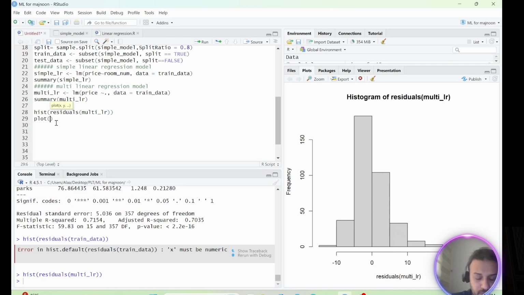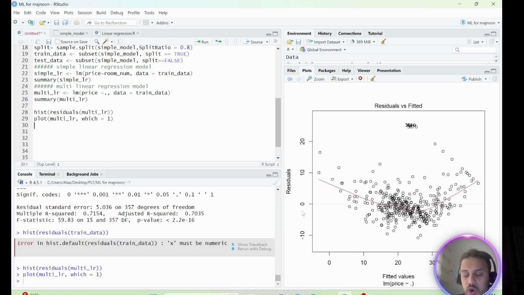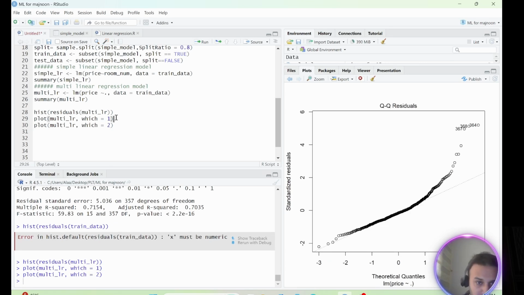And also we have to check the plot, and I have to give it my multilinear regression to plot. Now it's going to run. We actually have plots from 1 to 6, so you can plot with which equal to 1 or 2. It gives you the most important plots that you are looking for when checking residuals.